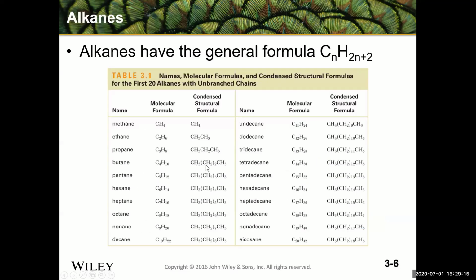So instead of writing them all out, you can put CH2 in parentheses with a subscript 2. Okay, and the same thing with pentane, because you know you're going to have 3 intervening CH2 groups. So you would put the CH2 groups in parentheses with a 3. So again, the number of carbons, 3 carbons here, 4, 5, that adds up. Okay, that's going to add up to 5 carbon atoms.